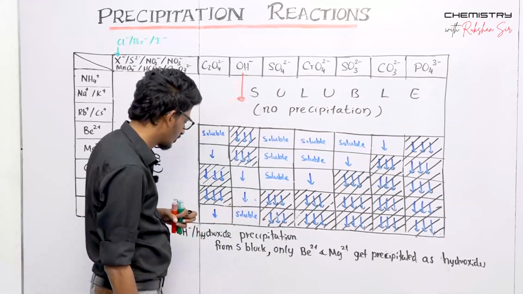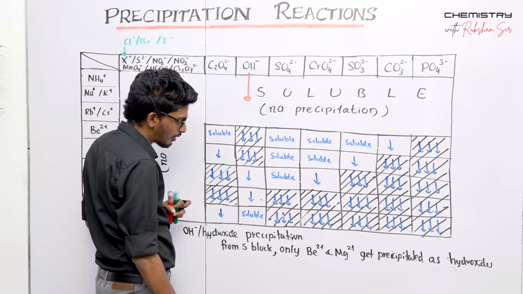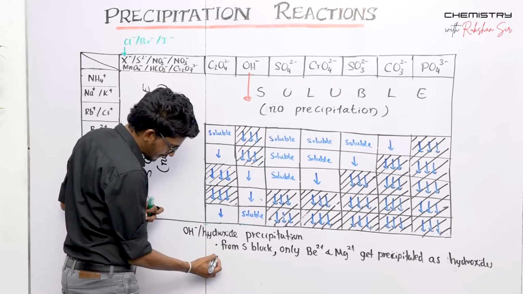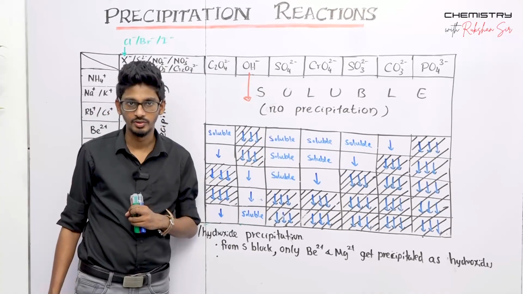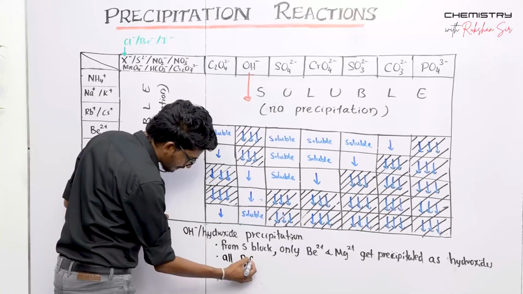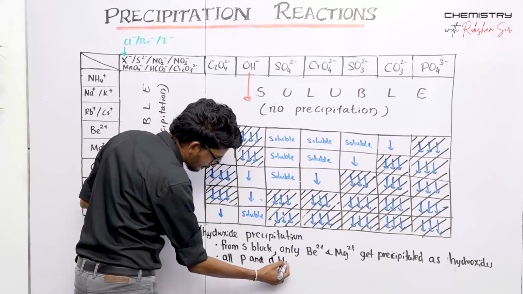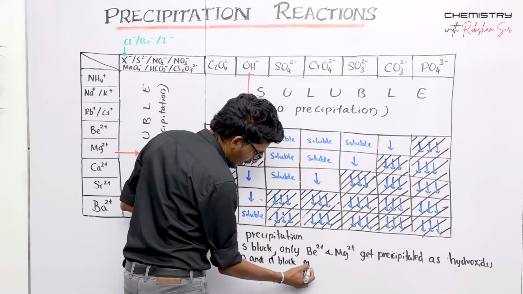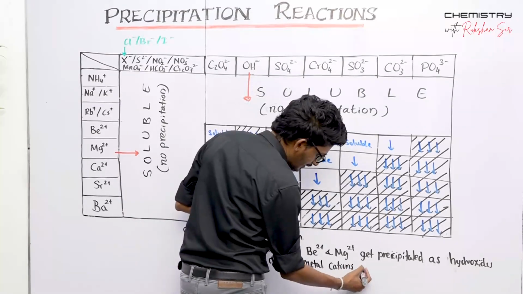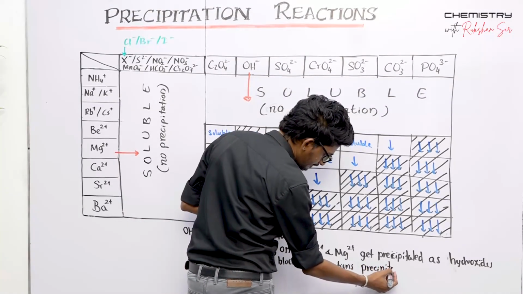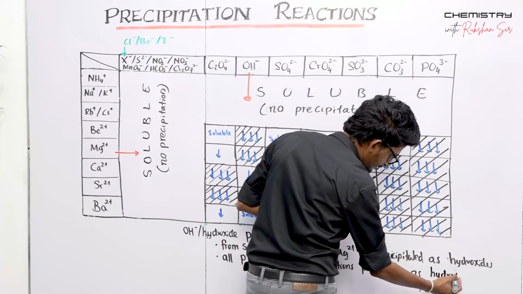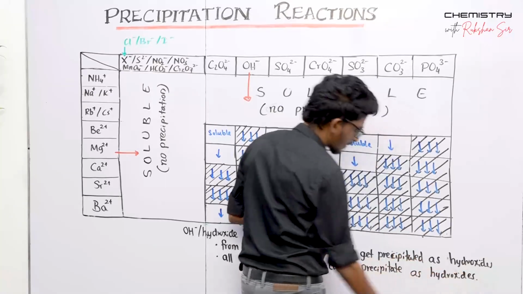But if you think of P and D block metal cations, all the metal cations will precipitate as hydroxides, right? So all P and D block metal cations precipitate as hydroxides, right?